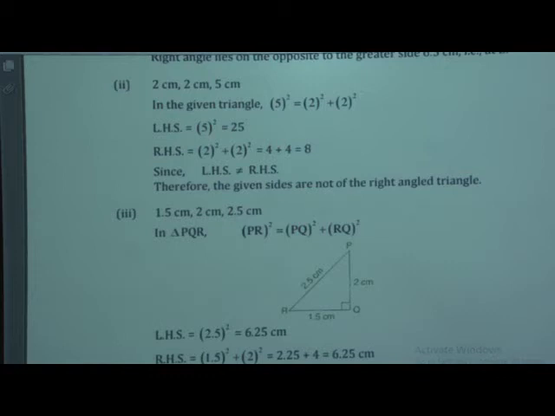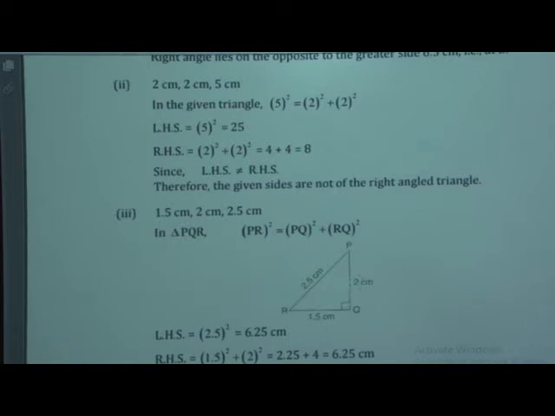We will see the third example, that is 1.5 centimeter is one of the lengths, another length is 2 centimeter and the third side is given as 2.5 centimeter. Now we have to go for a rough figure. In triangle PQR, PR square, that means hypotenuse square, is equal to the sum of the squares of these sides.